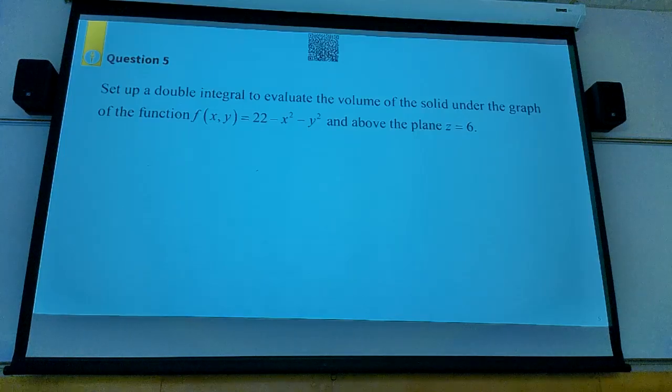Set up a double integral to evaluate the volume of the solid under the graph of 22 minus x squared minus y squared and above the plane z equals 6.